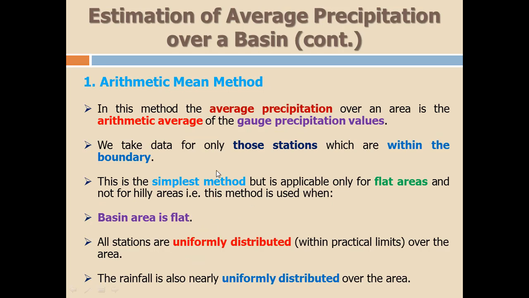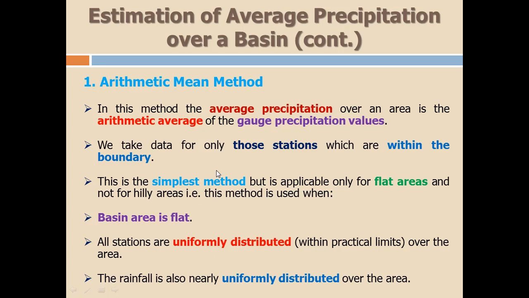So let's come to the first method, the arithmetic mean method. In this method, the average precipitation over an area is the arithmetic average of the gauge precipitation values. We take data for only those stations which are within the boundary. This is the simplest method, but it is applicable only for flat areas and not for hilly areas.